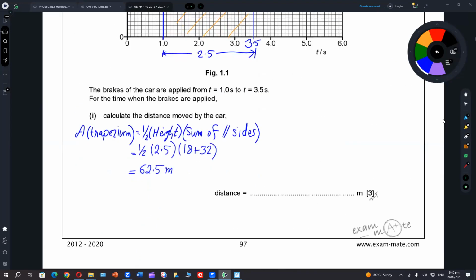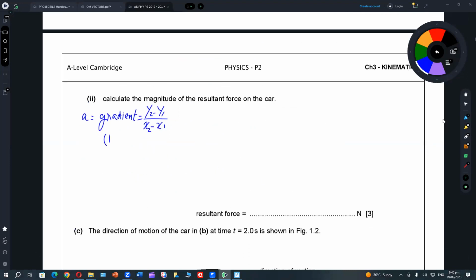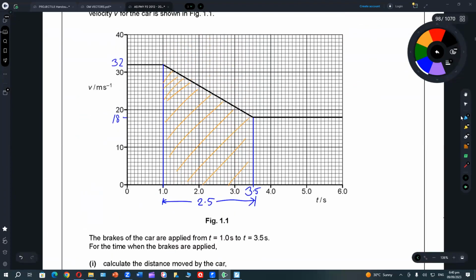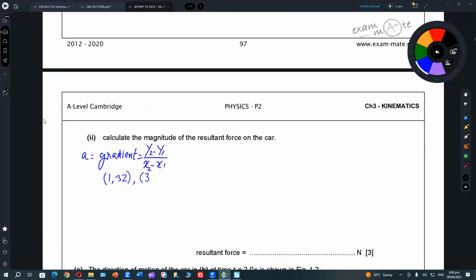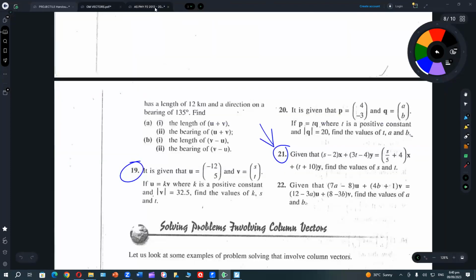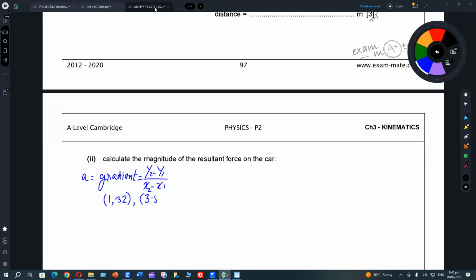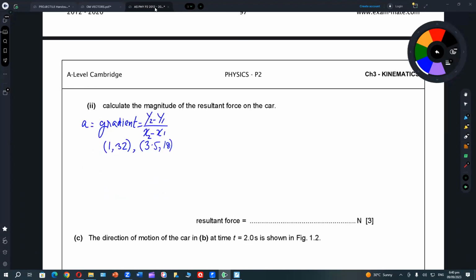One is (1, 32), if I read the coordinates, and the second is (3.5, 18). So if I put the points here, I can get the acceleration.